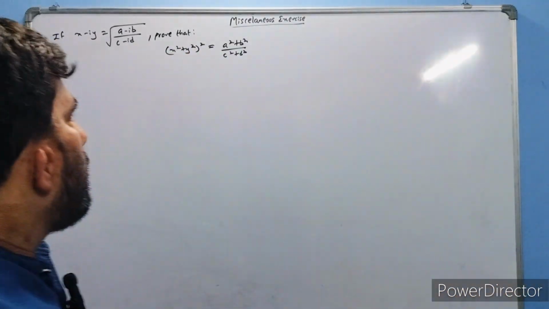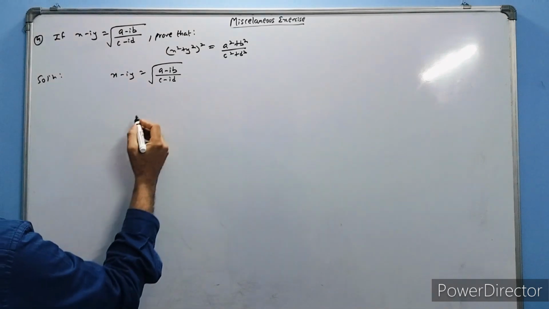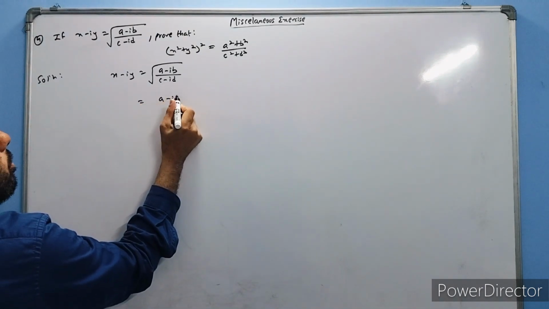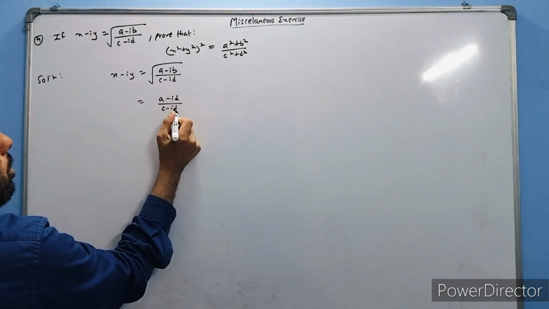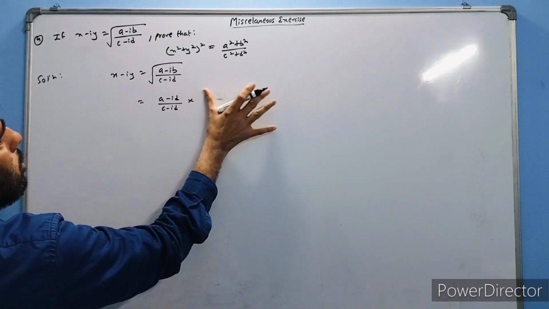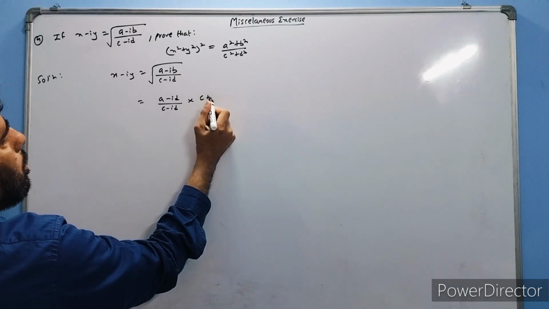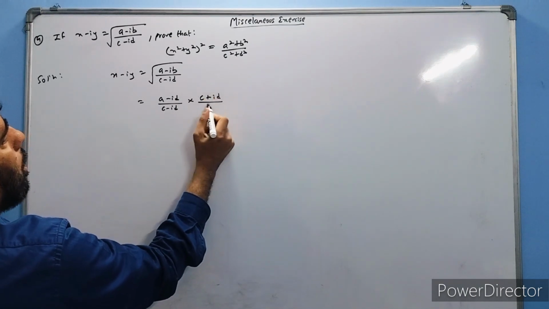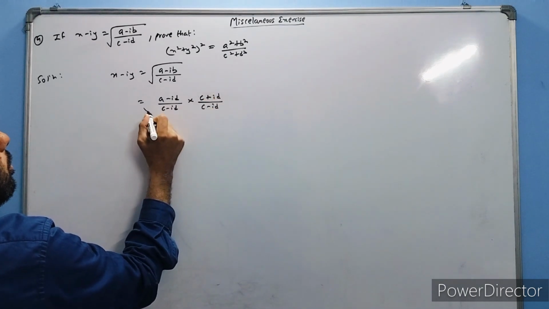Okay, so now how we can prove? Let us see. The solution is like this. What they have given? a minus ib upon c minus id. So now what we can do here? We'll need to rationalize. Okay, we'll need to rationalize now. So what we'll have? c plus id upon c plus id.